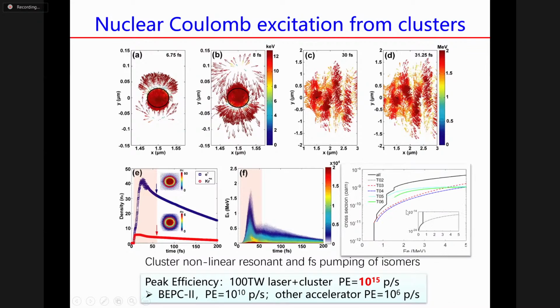Our calculations show that this isomer excitation cross-section is lower than 10^-9 barn. It's a very, very small value. But even though it's so small, we can directly accumulate and excite it. And very recently, we really detected this cross-section with several data.